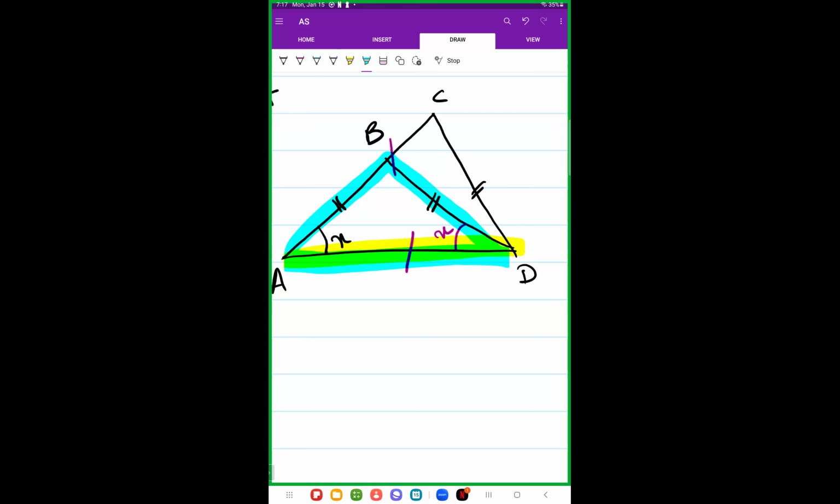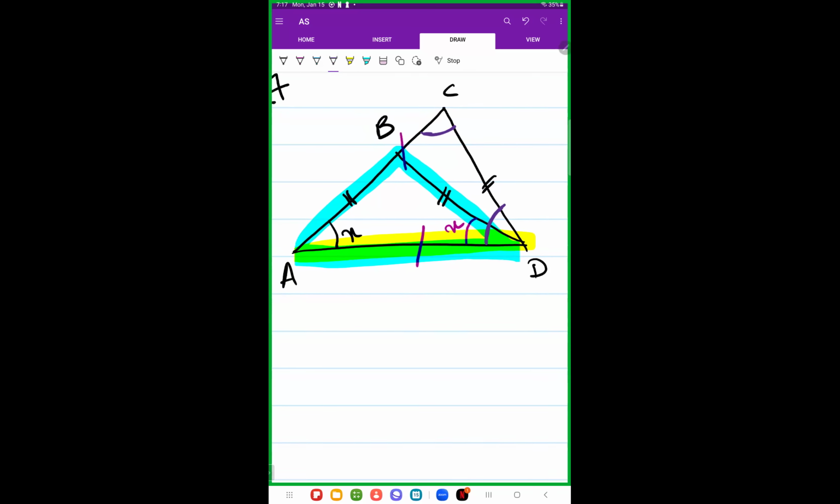Exactly, because it's an isosceles triangle because of these two marks, right? Okay, exactly. And according to this big triangle, this whole would be equal to this, right? This whole would be equal to this one.